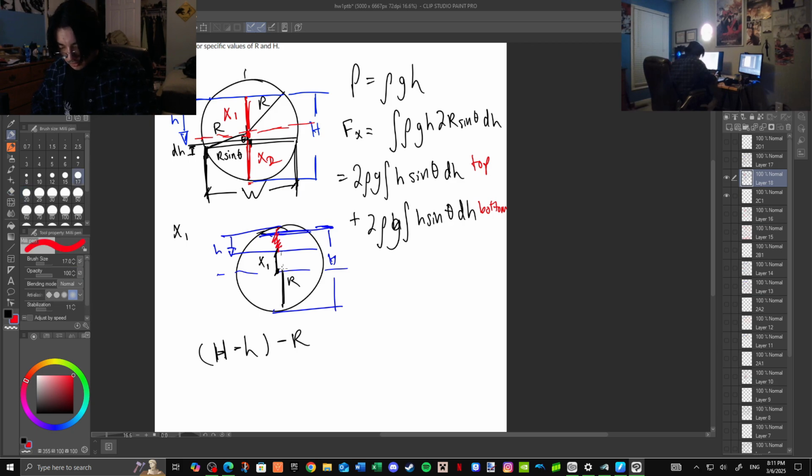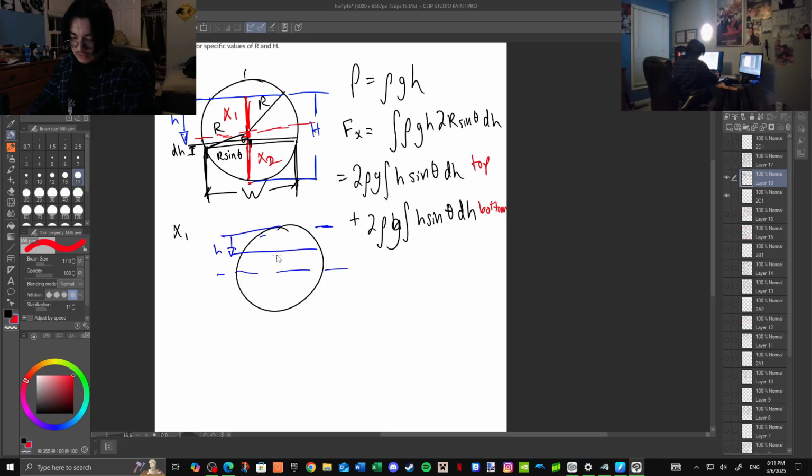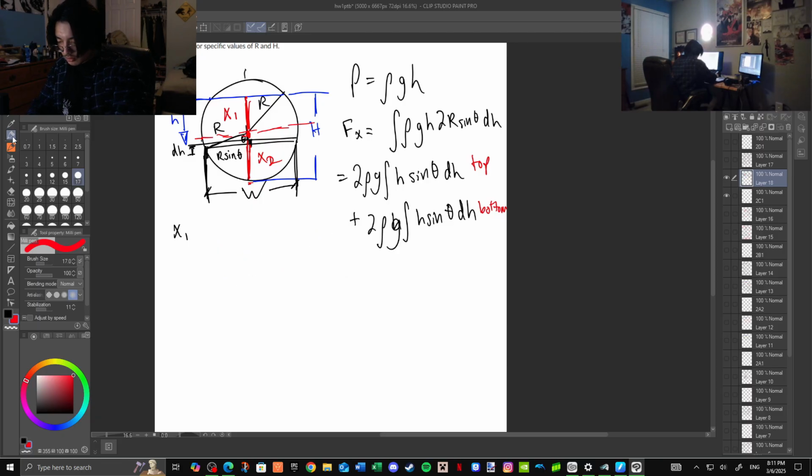So r is this length right here. When we subtract that from big H minus little h, that gets rid of that length, so we're left with x1. So x1 will be equal to big H minus little h minus r.